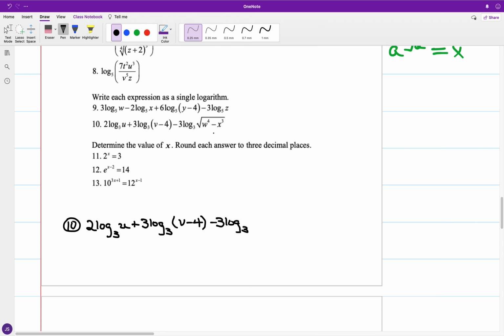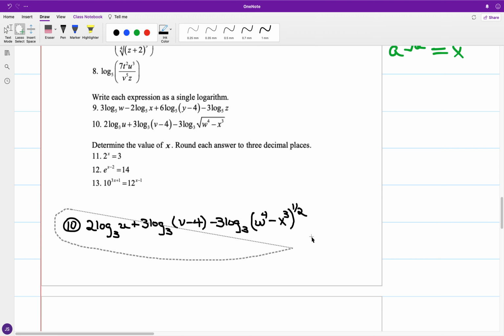And what's going to happen here is that for the square root of w to the 4th minus x cubed, we've got w to the 4th minus x cubed. Now the square root of this will be this difference raised to the 1/2 power.